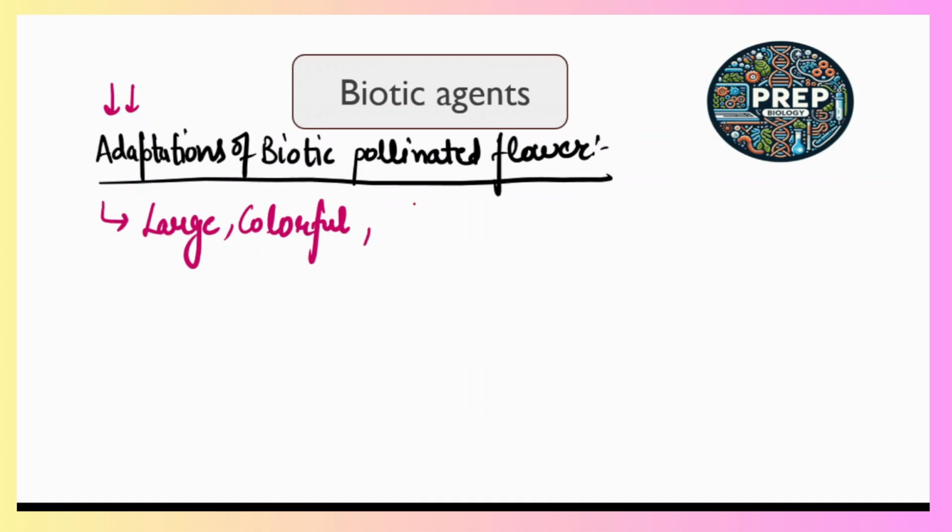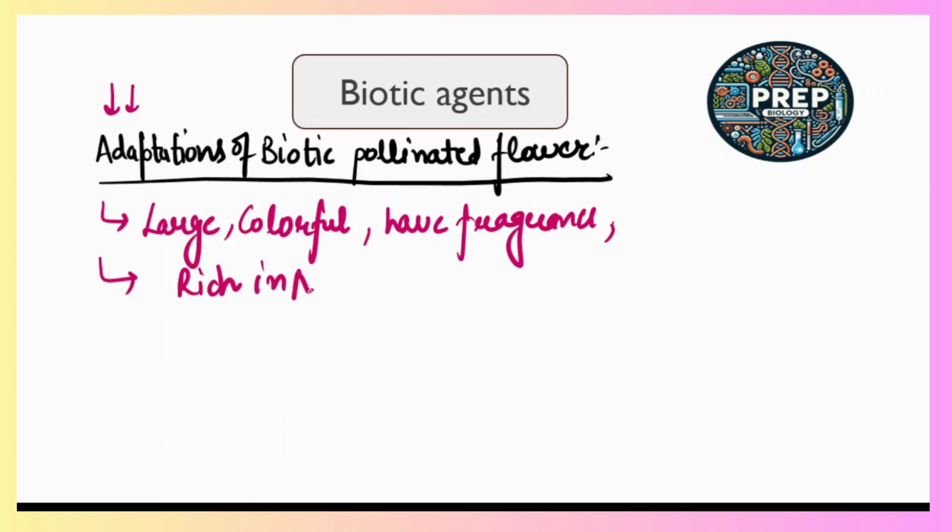Large, colorful, have a fragrance for the attraction of the different animals, birds. The flower is rich in nectar, so that it can easily attract the bees and flies, butterflies, etc.